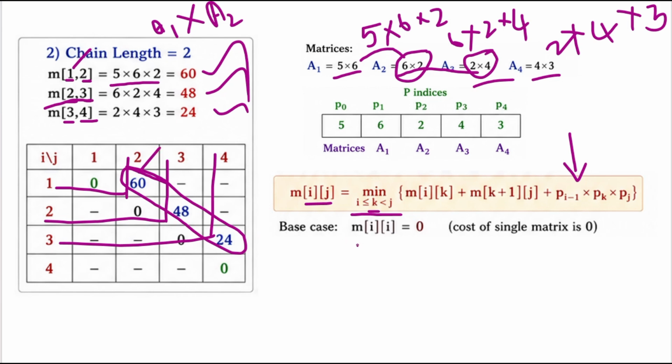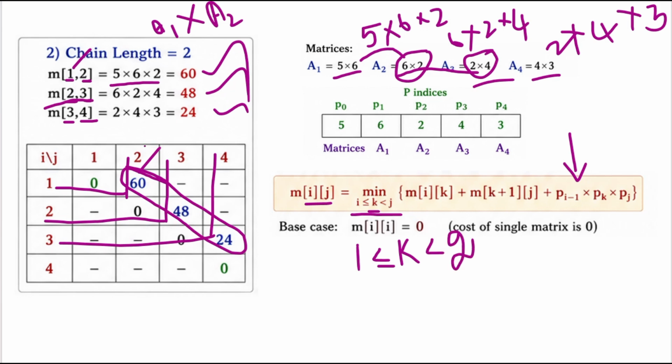1,2 means 1 less than or equal to k, and less than j. What is the j value here? The j value is 2, right?